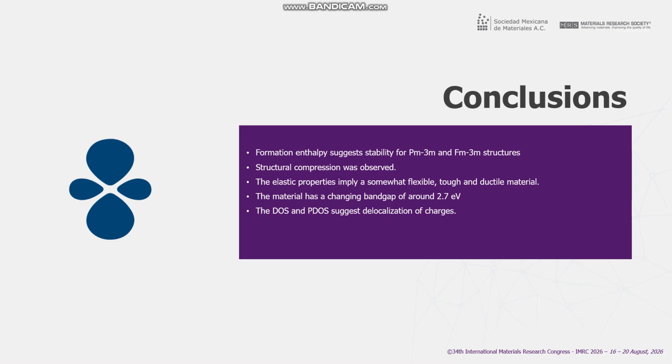Also, that the elastic properties, namely the Pugh's criterion and Poisson's ratio, imply a somewhat flexible, tough, but ductile material. Also, that the material has a changing band gap of around 2.7 electron volts, making it a semiconductor, and that the density of states and the partial density of states suggest the delocalization of charges as a function of pressure.